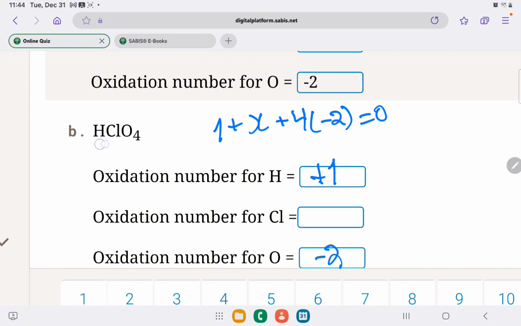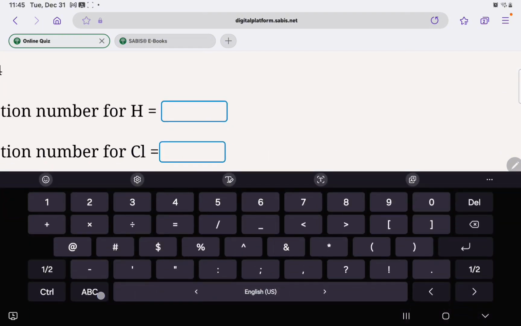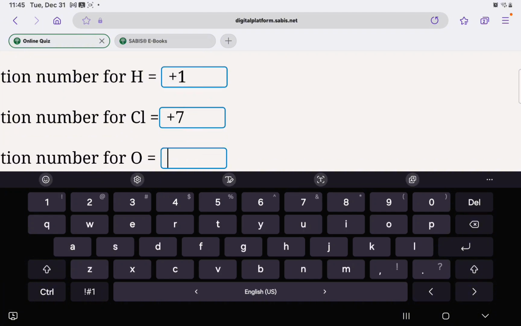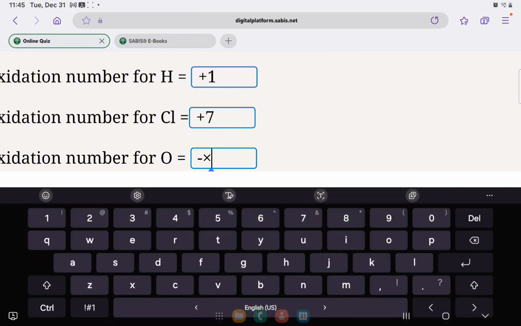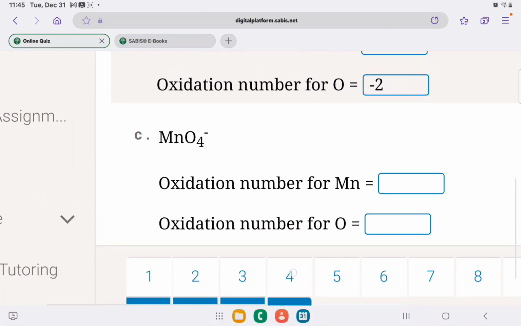Hydrogen is always +1, Cl we're finding so x, and 4 times -2 because we have 4 oxygens, and it's equal to 0, so 1 plus x minus 8 is equal to 0, x minus 7 is equal to 0, Cl is +7. So +1, +7 and -2.